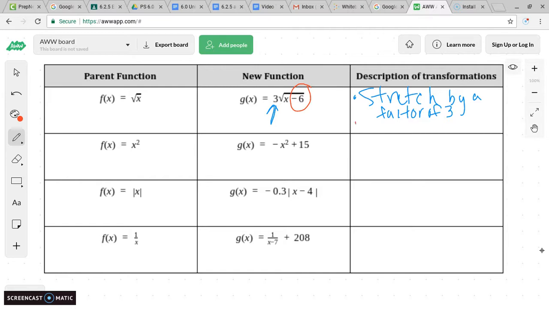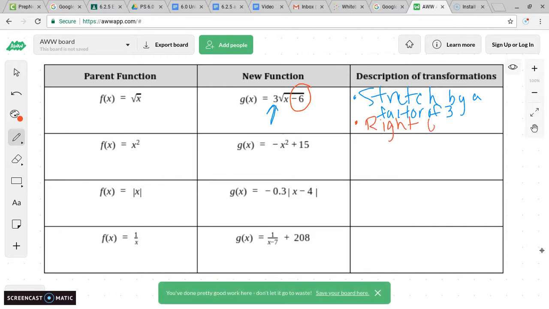When it's underneath the square root symbol like that, or inside parentheses, it's kind of like doing the opposite. So we think it's going to the left, but it's actually going to be going to the right that many units. So we're going to say it's going to the right 6 units. And then we're done. So we talked about the 3 and we talked about the -6, and that's how our graph is moving.